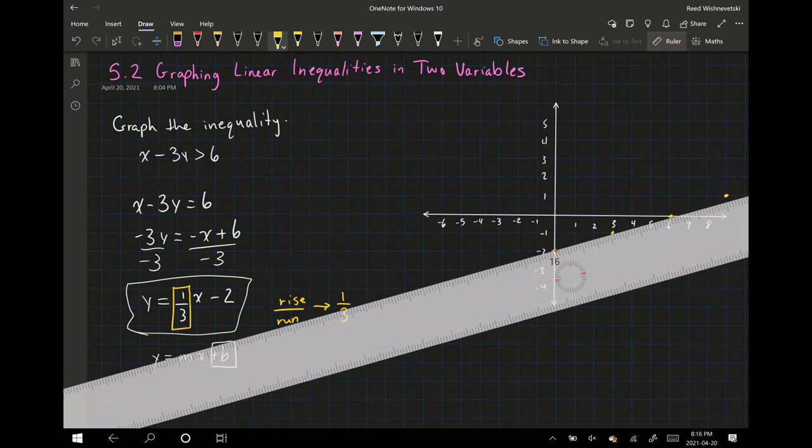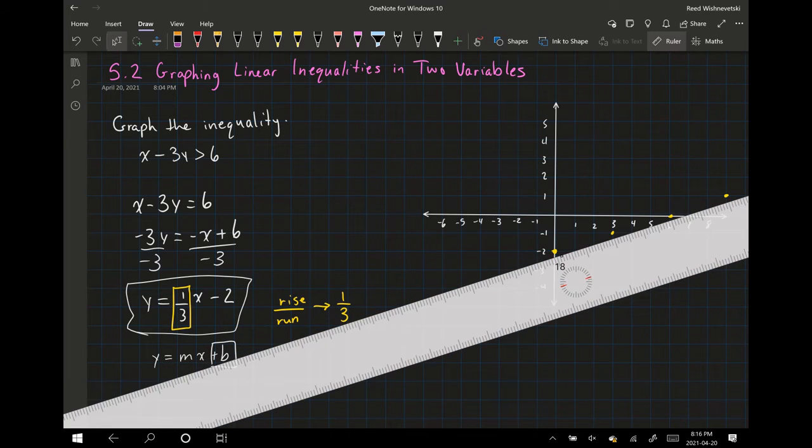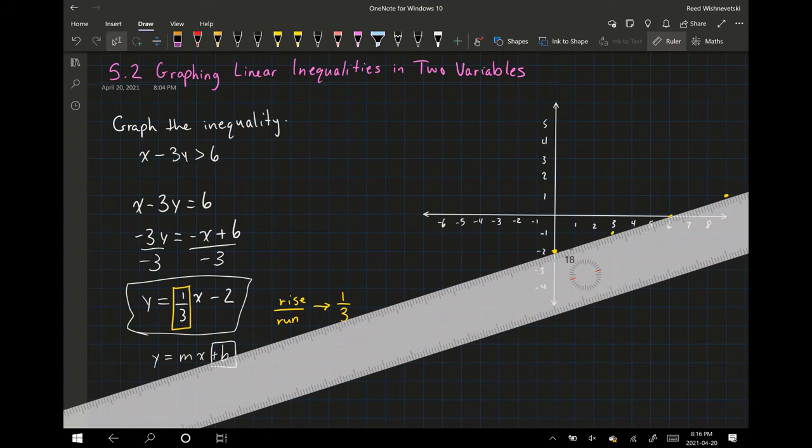And now we have to decide, are we going to be drawing a dotted line or a solid line? Now, since our inequality over here is just greater than, and it's not greater than or equal to, that means that we're going to be using a dotted line because our solution set cannot include the actual equation of the line itself.